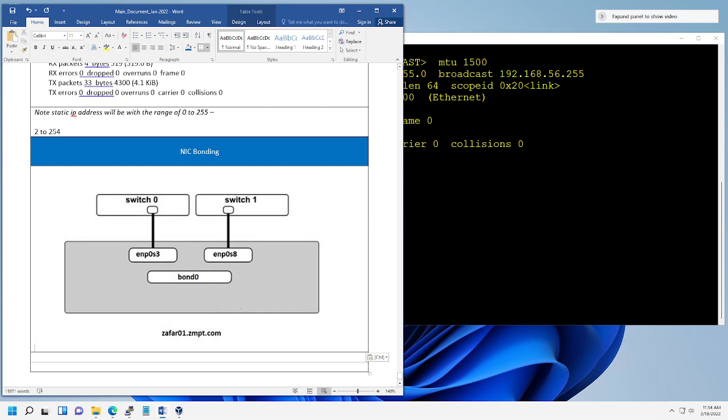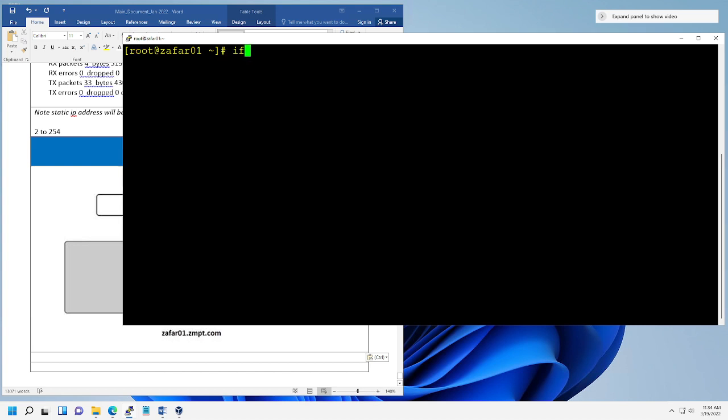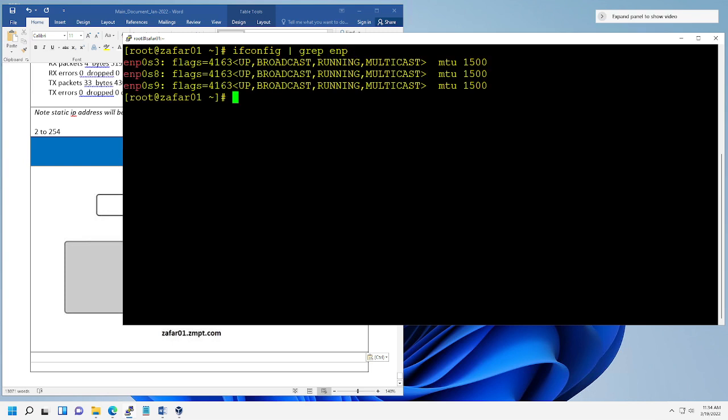If you do ifconfig, we have enp0s3 and enp0s8.